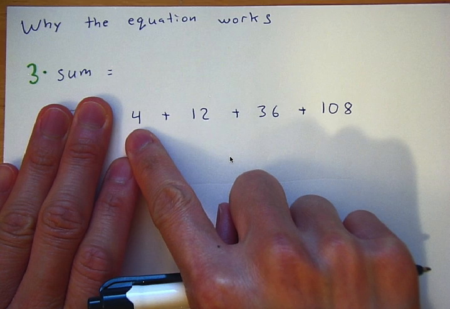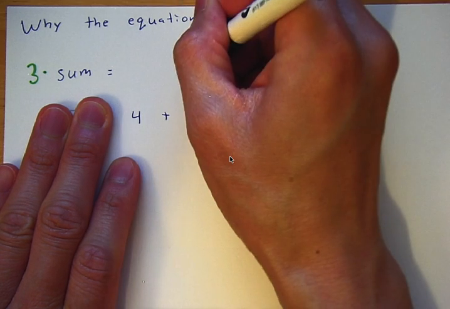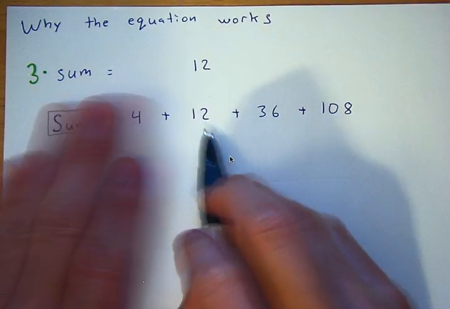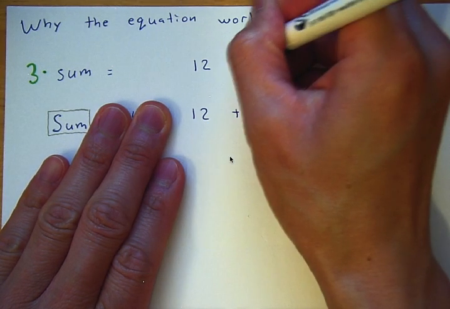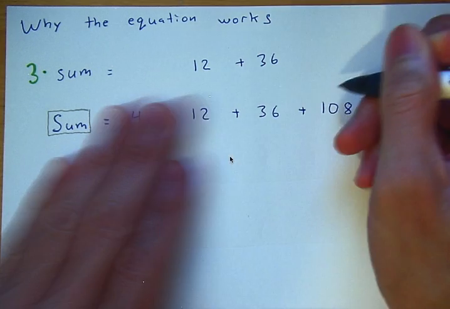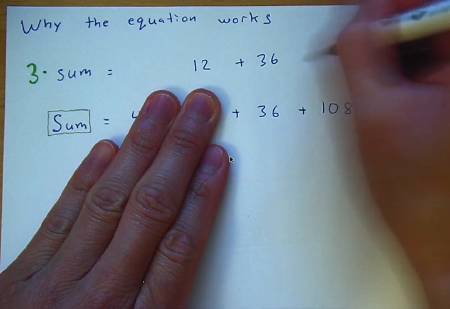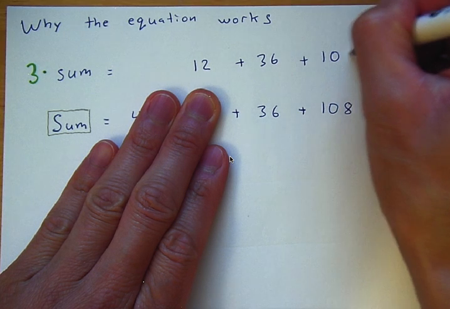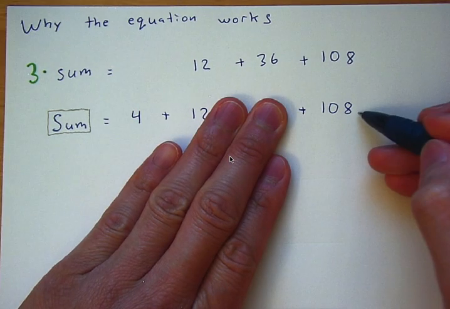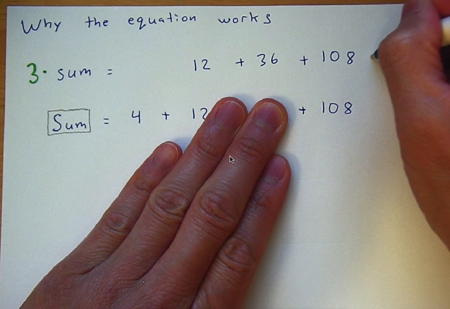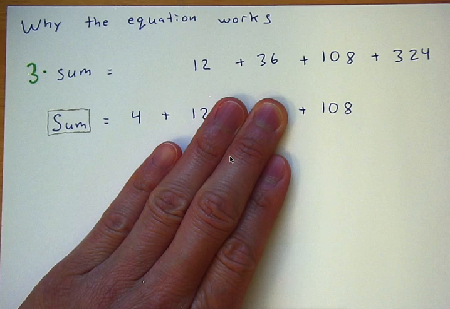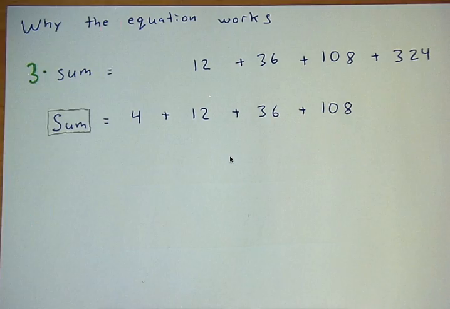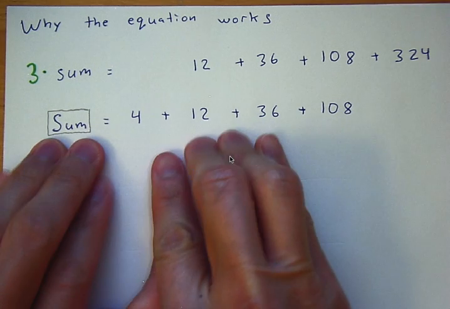So 4 times 3 is 12. 12 times 3 is 36. 36 times 3 is 108. And 108 times 3 is 324. All right. So I multiplied both of these sides by 3.